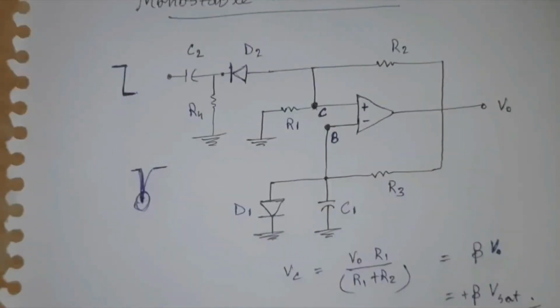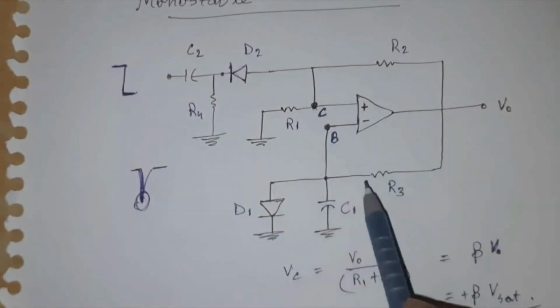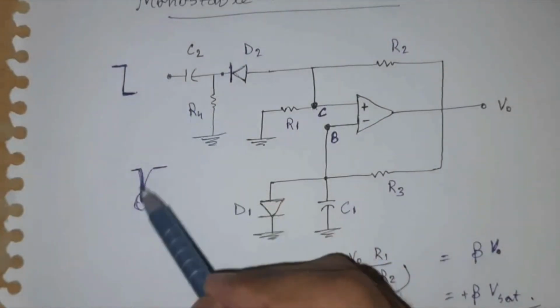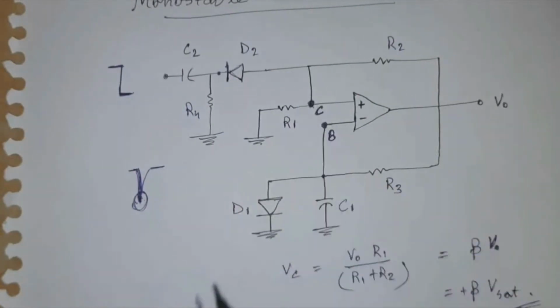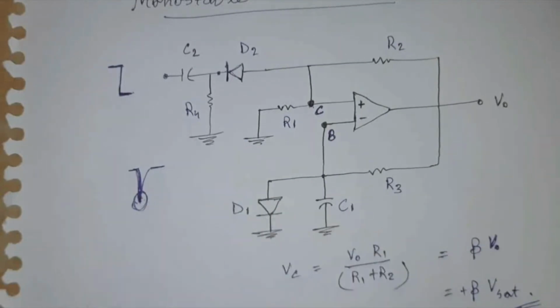Earlier I was saying that R4 should be very high in comparison to all the resistors. So what was the reason? It is that we want this negative spike to travel all the way to point C. That is why it is kept very high, so that it almost appears as an open circuit.